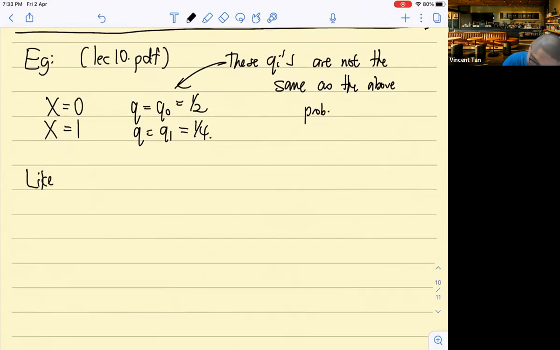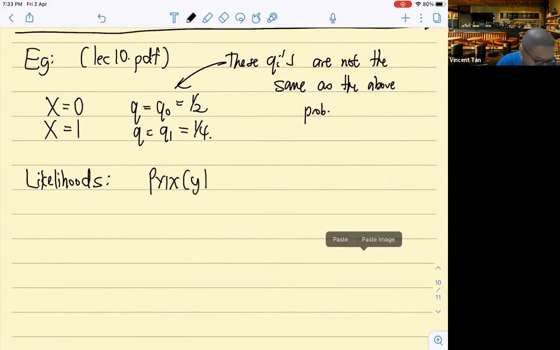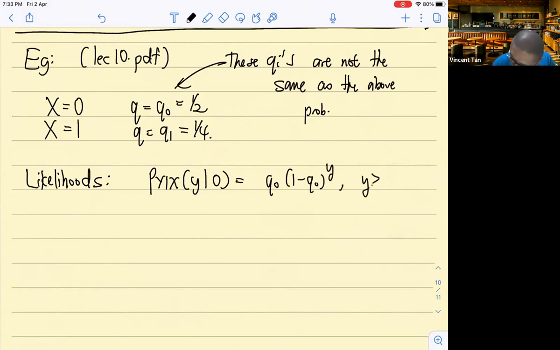The likelihoods are p of y given x. Given x equals 0, it is q0 times (1 minus q0) to the power y, where y is greater than or equal to 0.